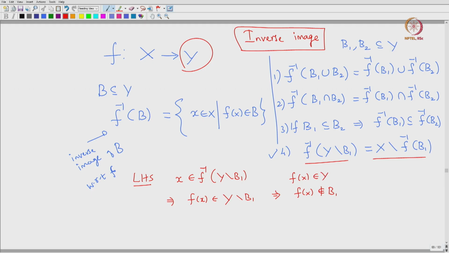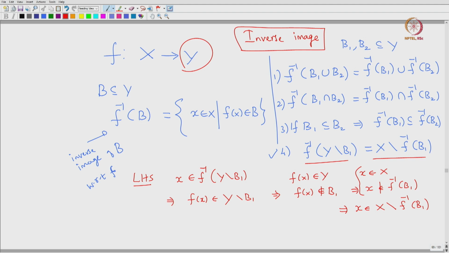So now this would imply that x is coming from capital X and x is indeed not coming from f inverse of B1. If x comes from f inverse of B1, that would imply that f of x will be in B1. That is why we immediately get that x comes from X difference f inverse of B1.